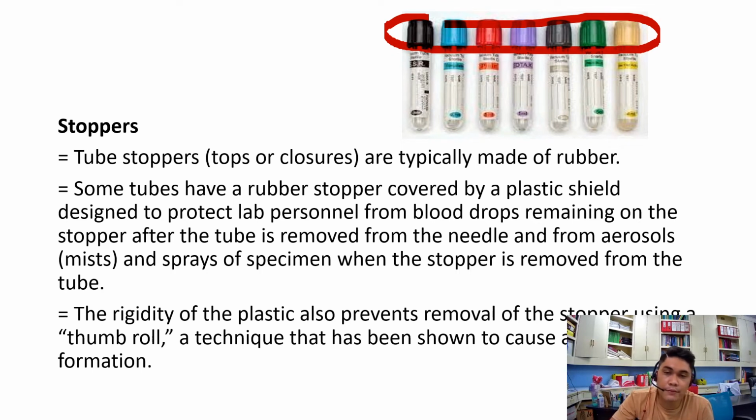The rigidity of the plastic also prevents removal of the stopper using the thumb roll, a technique that has been shown to cause aerosol formation. So that's the purpose of the stopper and the plastic shield.